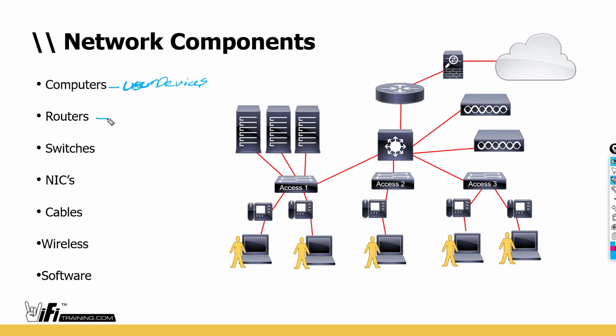Then we've got routers, okay, and of course we'll go into very good detail about what routers are. You're going to learn to configure them, all that kind of fun stuff, and the same with switches, which I said most people think about. But what about the network interfaces? The network adapters that are in these devices, whether it's a LAN or a wireless LAN network interface card. The computers and devices all need to have a network interface card to be able to communicate on that particular type of network.